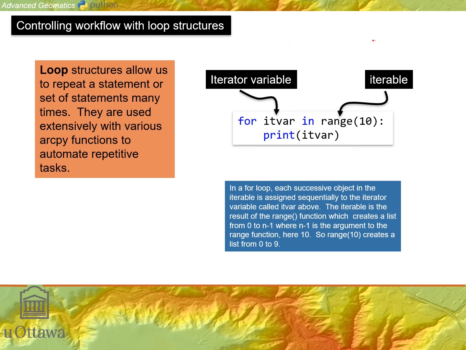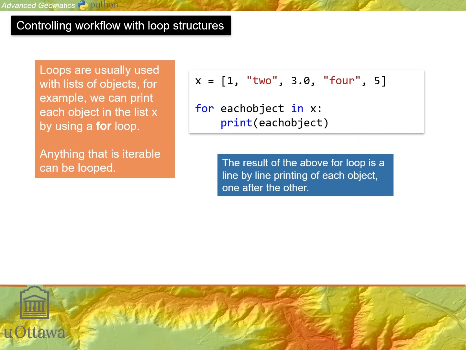So looping is important. So we'll do a couple examples of that. Here is another example of looping over a list of objects. And it says for each object, that's the iterator variable. And by the way, that is anything you want. I just made that up.